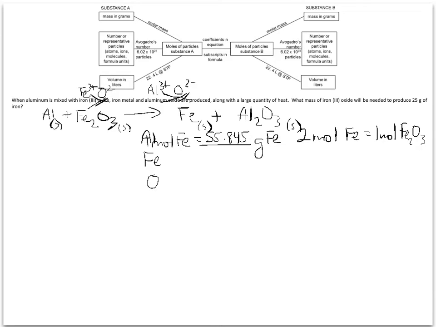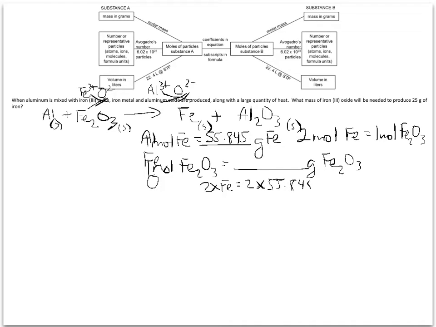Okay, and then we need our molar mass of iron 3 oxide. And molar mass is always 1 mole. And this one we're going to actually have to calculate. So we have 2 irons. So that's 2 times 55.845. We have 3 oxygens.